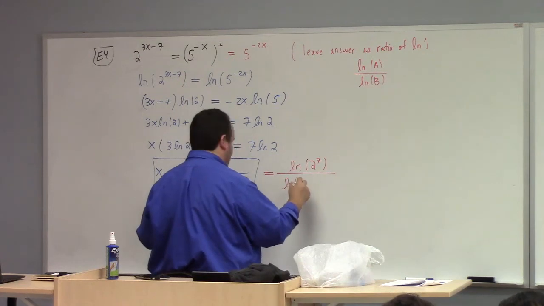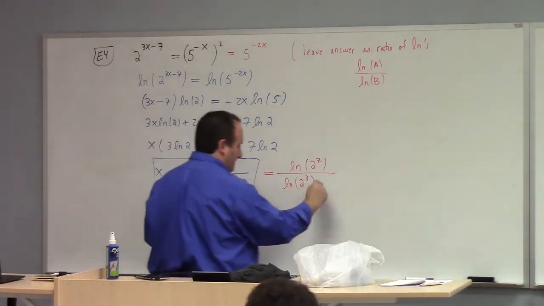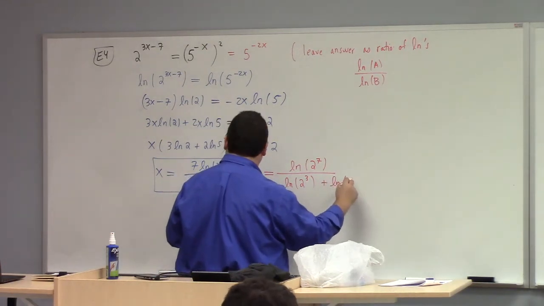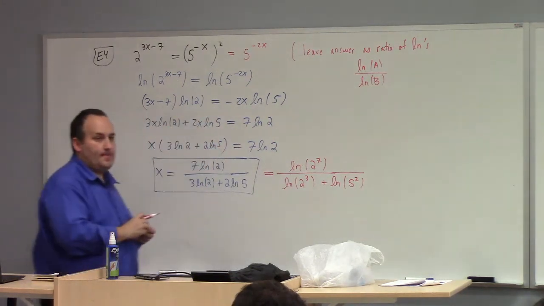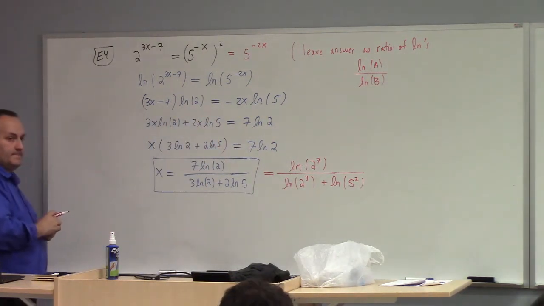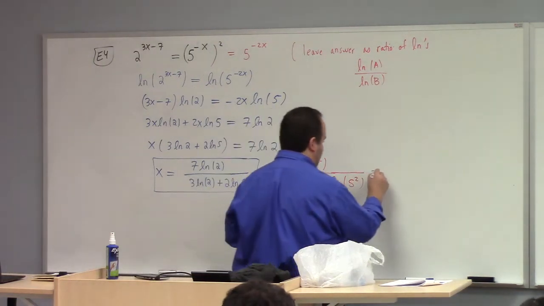All right, so log of 2 to the 3 plus log of what? 5 to the 2, yeah? But what are the properties of the natural log? Well, I mean, so the numerator's done.